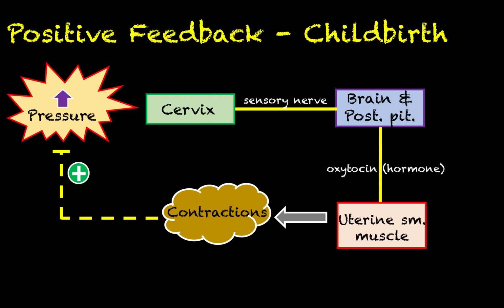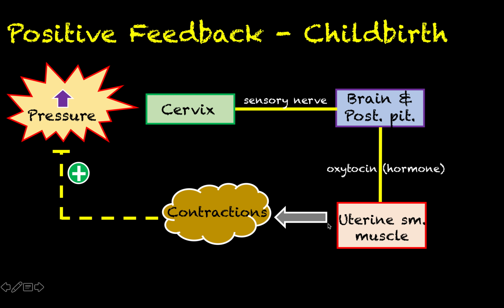If we graph this out compared to how we did before, the stimulus would be the increased pressure on the cervix. The cervix is the location of the sensory receptors, which are connected via a sensory nerve to the brain. The brain receives that message and stimulates the posterior pituitary to secrete oxytocin, which travels through the bloodstream towards the effector, which is the uterine smooth muscle.